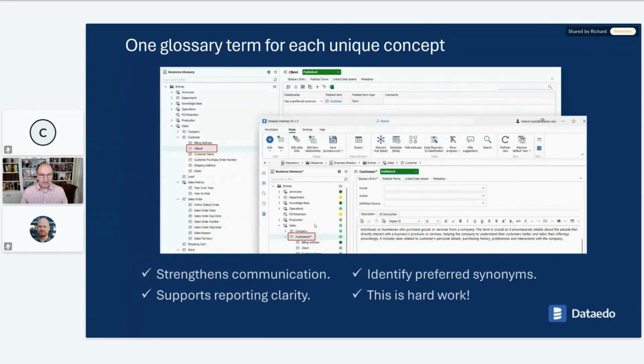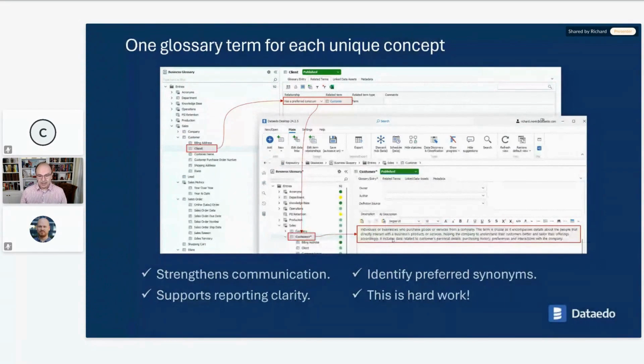What you want to do is you want to rely on a single term, if possible, have a preferred synonym. So in this case, let's say we want to define customer as the preferred synonym. This is the word we want everyone to use. So if someone comes in and they search for the word client, this will point them to the fact that client has a preferred synonym of customer, and customer has a definition, an accepted, reviewed, agreed upon definition that is standardized and used throughout the organization.